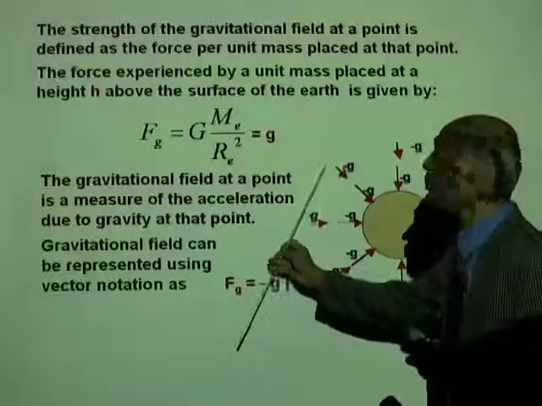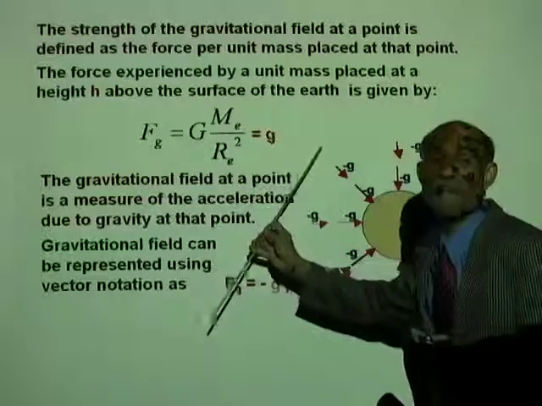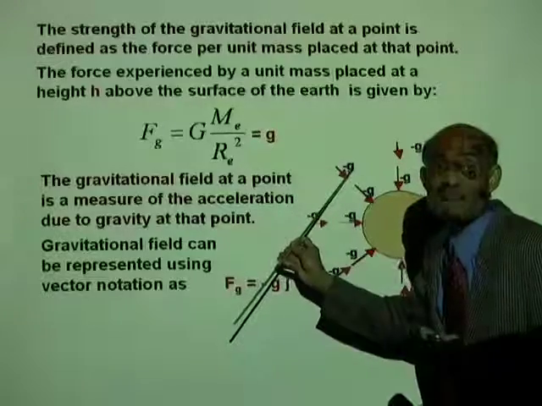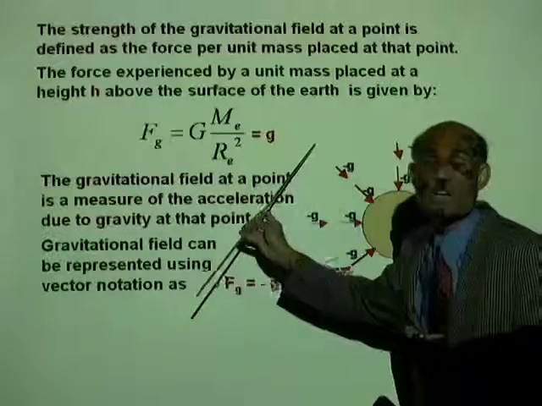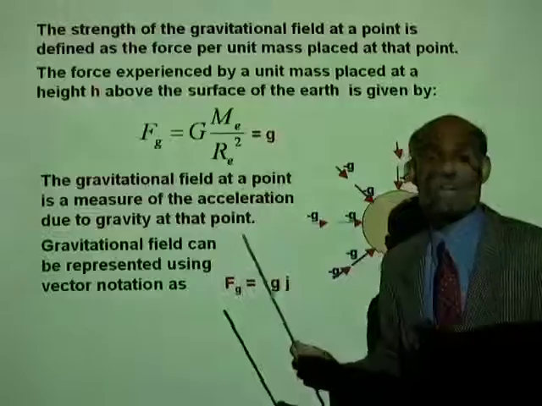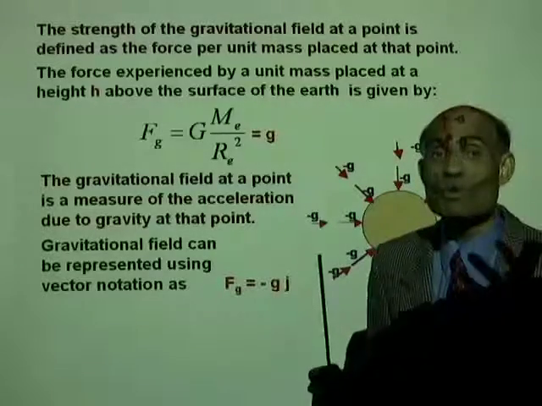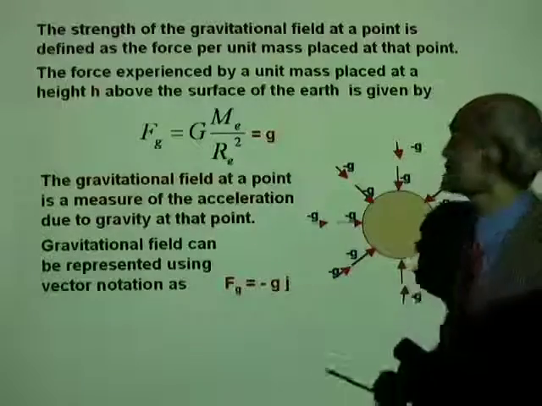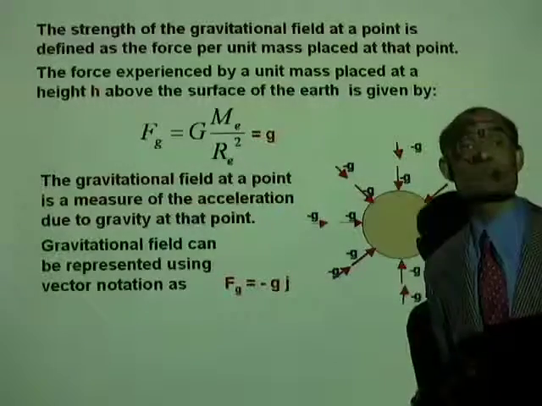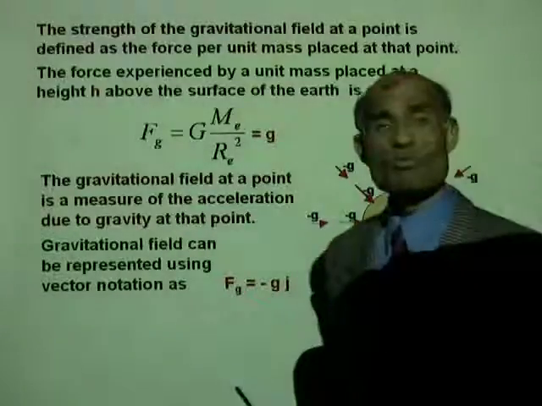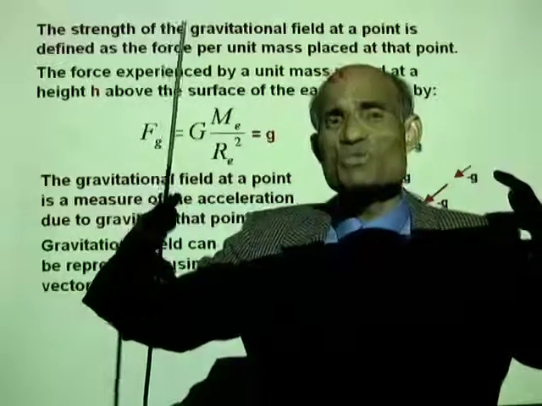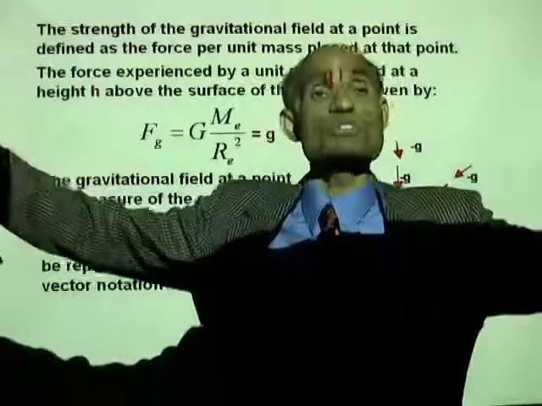So as you go away, the length of the arrow becomes smaller and smaller, indicating that the value of g is becoming smaller and smaller. The gravitational force field becoming weaker and weaker as we go away from the surface of the earth. Now, will there be a point where the gravitational force field due to the earth is absolutely zero?